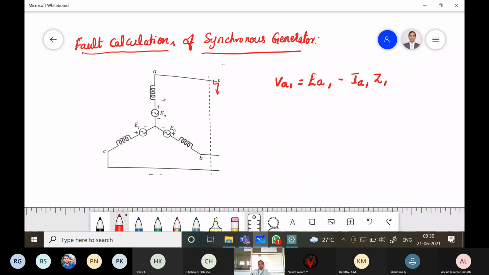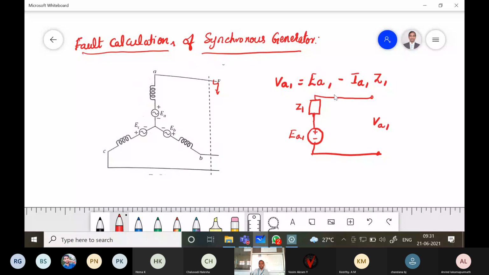How can we represent it in terms of a reactance diagram? EA1 for the positive sequence network. The positive sequence network can be represented by EA1, the voltage source, with impedance Z1. Across the terminal, we will get VA1.